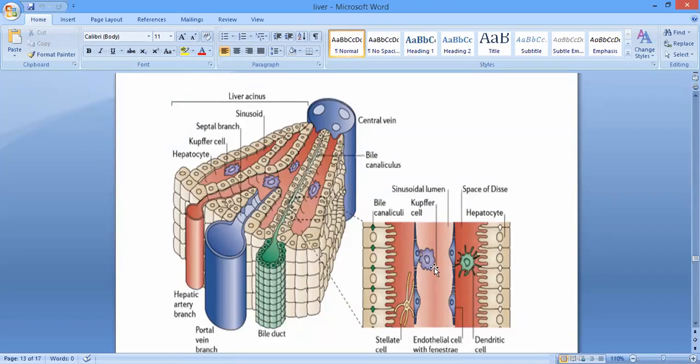So the oxygen from the artery and the products of digestion which are absorbed from the GIT and taken up by the portal vein, these are taken up by the hepatocytes through these channels, ठीक है जी.